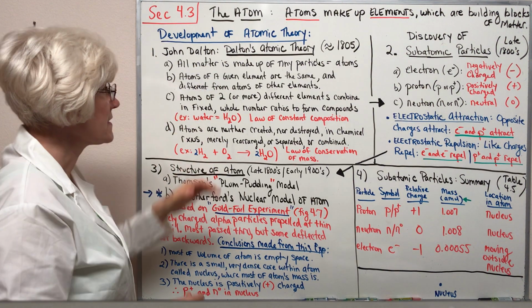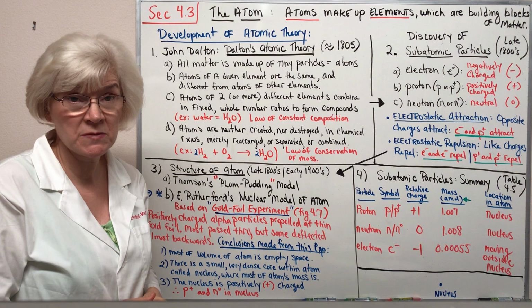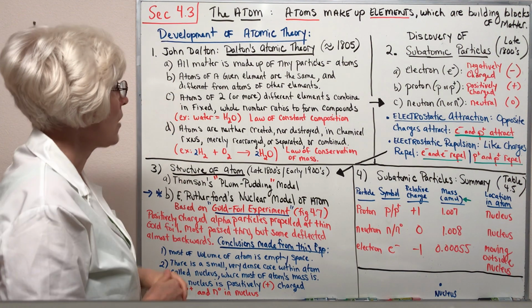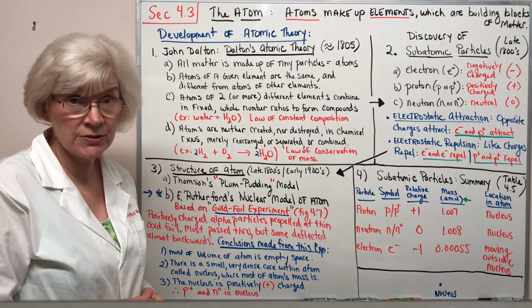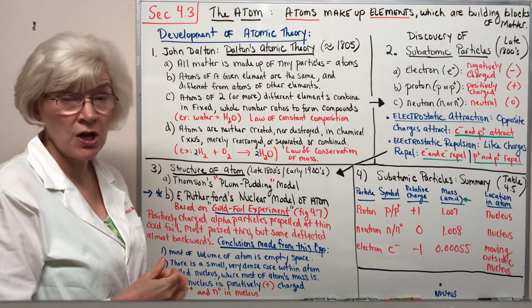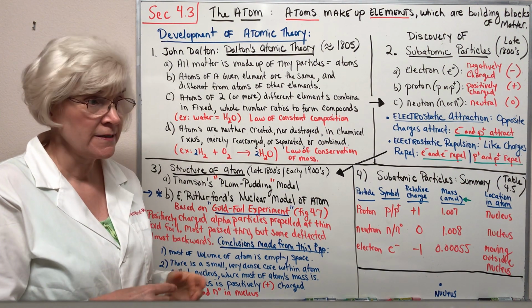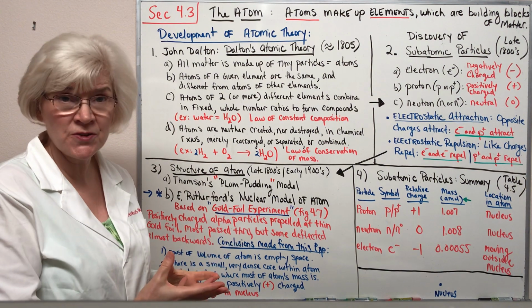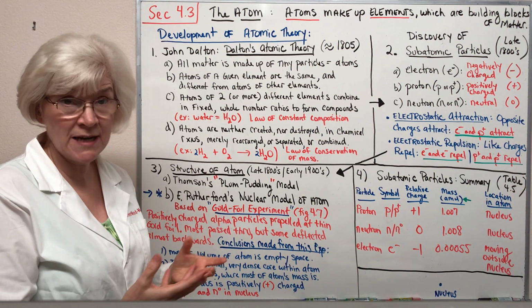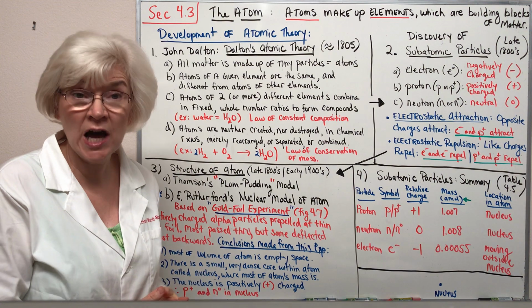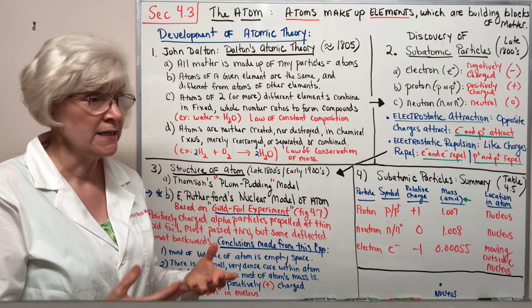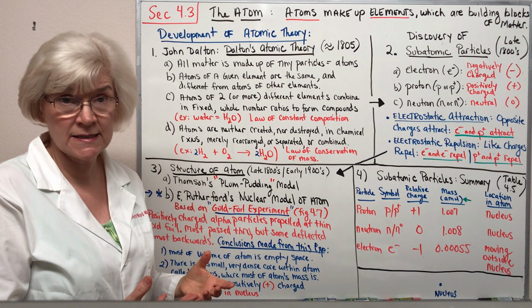So here are the points of Dalton's atomic theory that you're responsible for knowing. All matter is made of tiny particles, which Dalton called atoms, in honor of a Greek philosopher, Democritus, who first suggested over 2,000 years ago that this might be the case, but did not have the experimental data to validate his ideas.